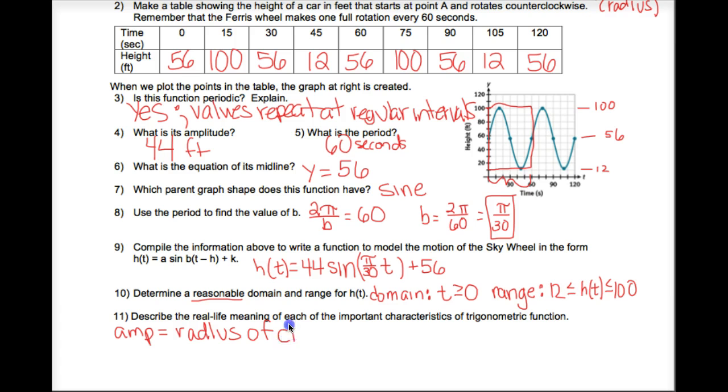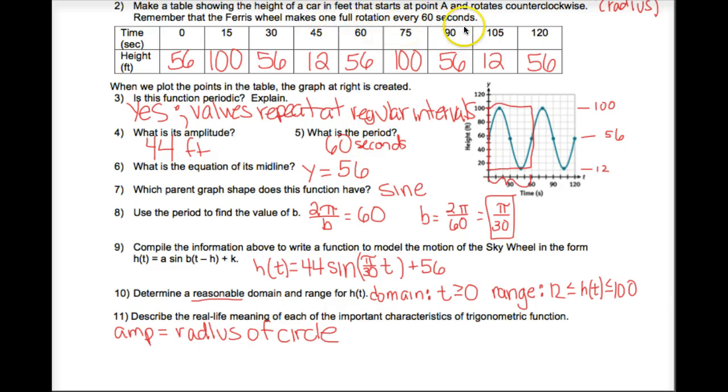of the circle. So when it tells you a wheel, a tire, anything that takes circular motion, when it tells you or implies that the radius is a certain value, that is telling you the amplitude of the equation. Also, notice that the period, 60 seconds, that relates back to this.